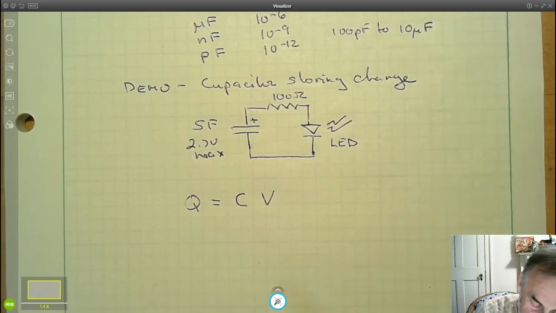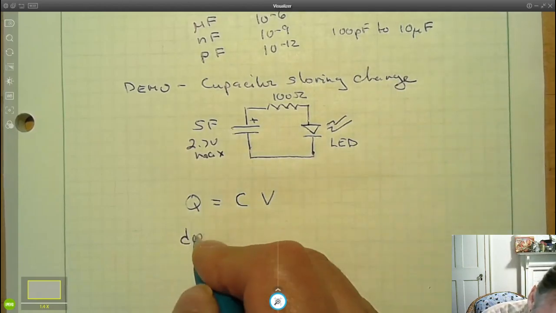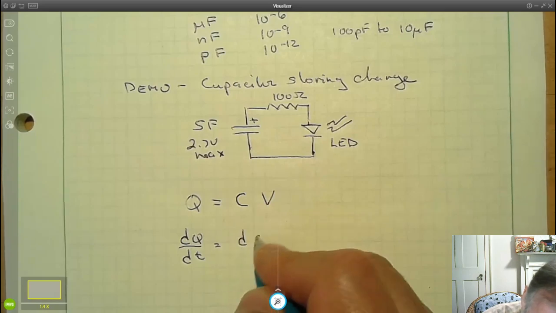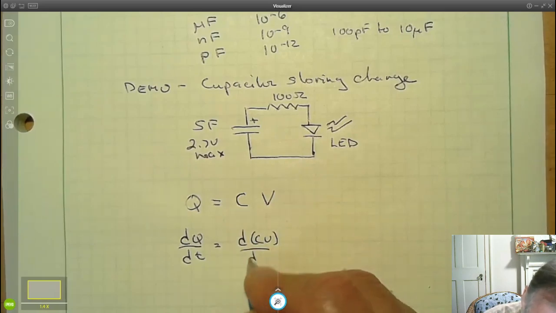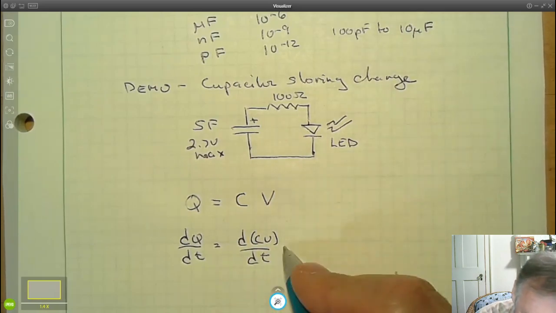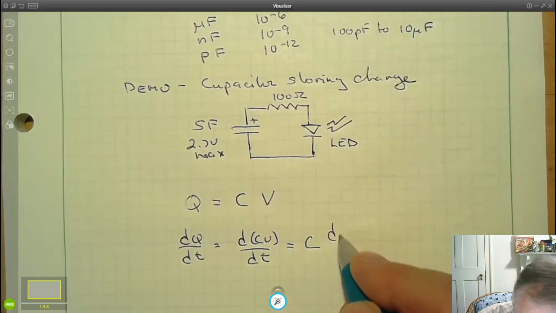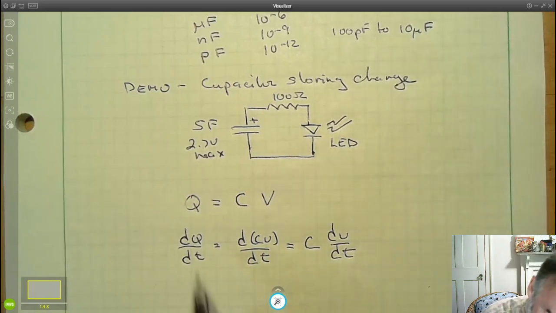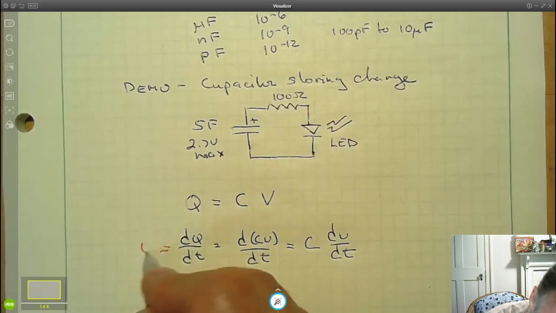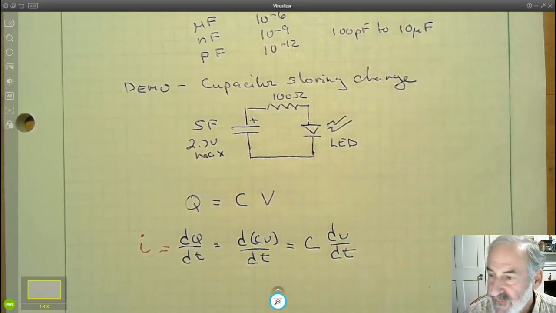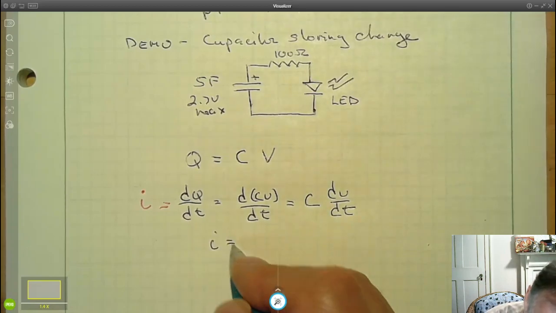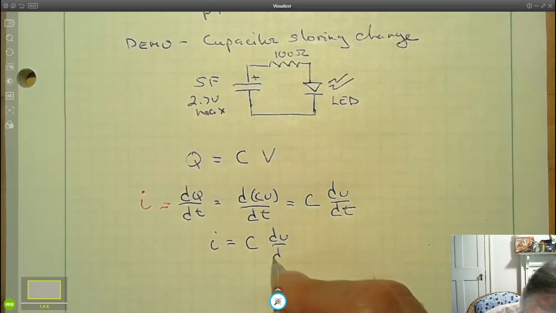Well, if we take the derivative of both sides of this equation with respect to time, we get dq/dt equals d(cv)/dt. But since c is a constant, this is equal to c dv/dt. And dq/dt is just current. So that gives us the classic equation for a capacitor in the time domain, i equals c dv/dt.